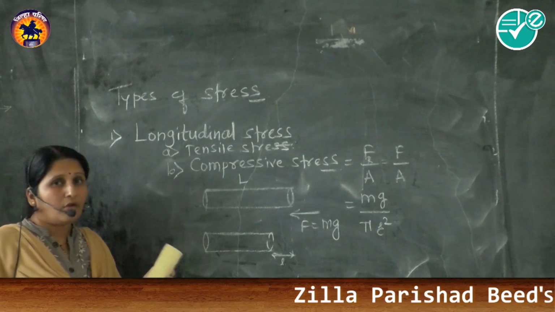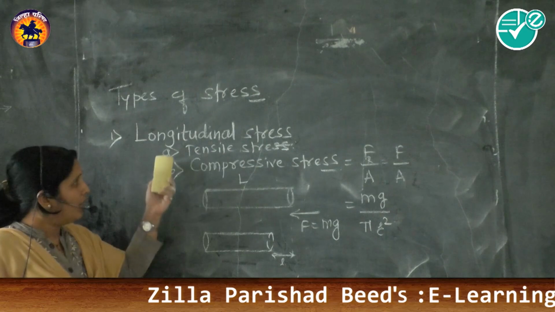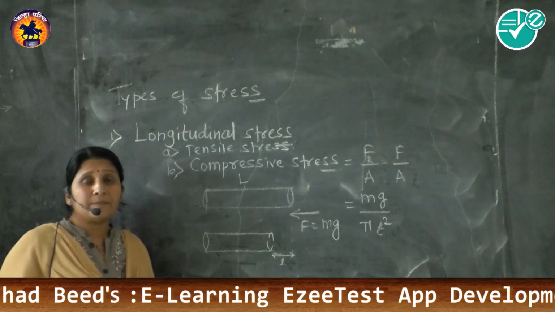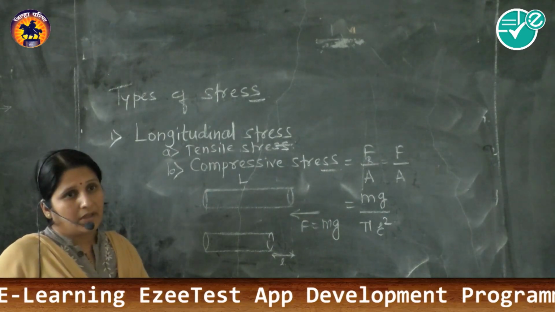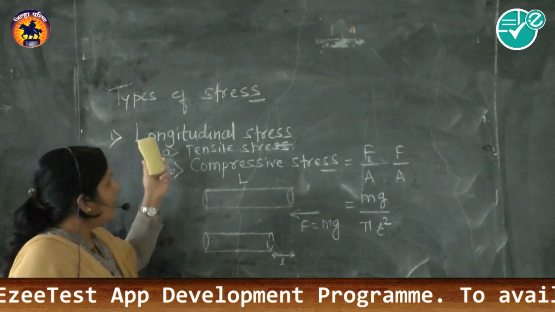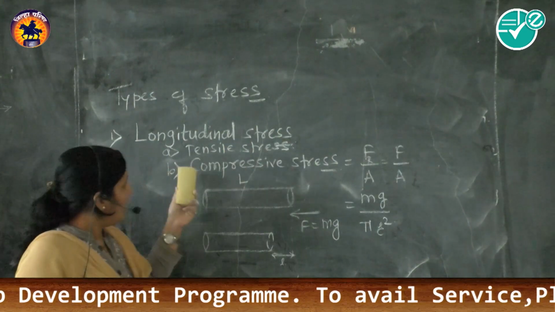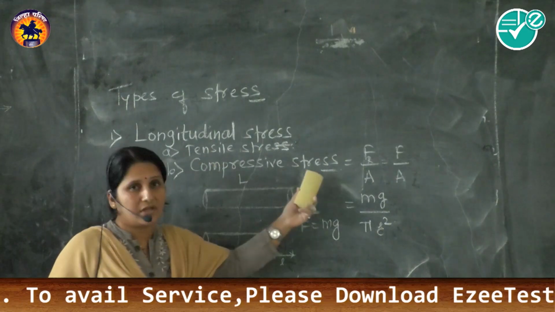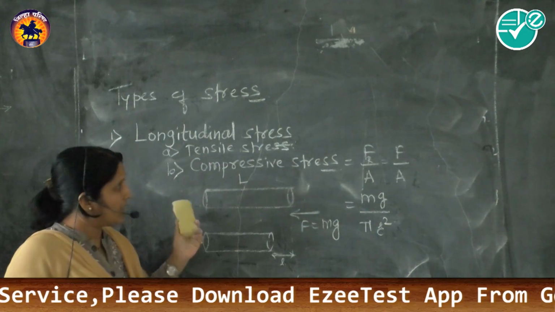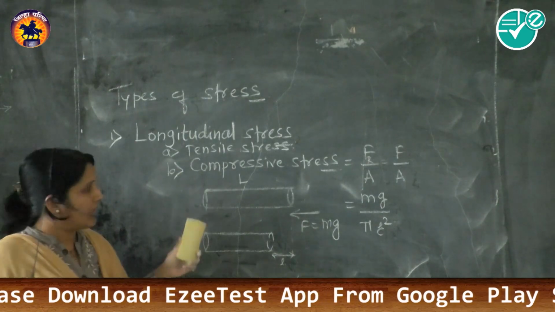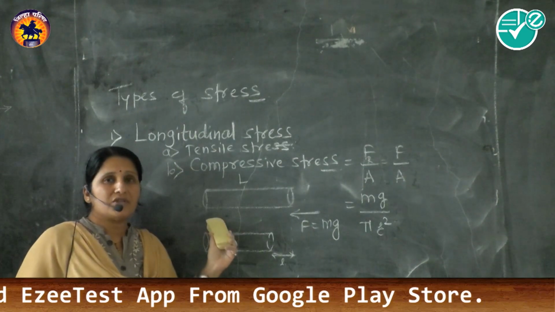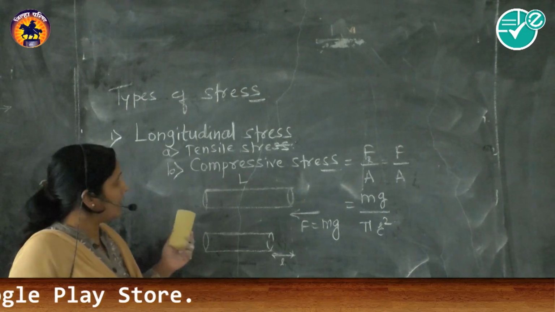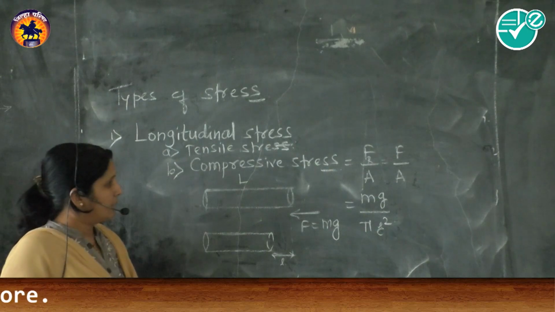We need not take a particular example, but we say that when deformation takes place in the length of the material body, then the stress is called longitudinal stress. And in that, tensile stress comes as well as compressive stress also comes. Means here in both the cases, in A and B, what happened? Deformation takes place in length there, and that's why it is longitudinal stress.